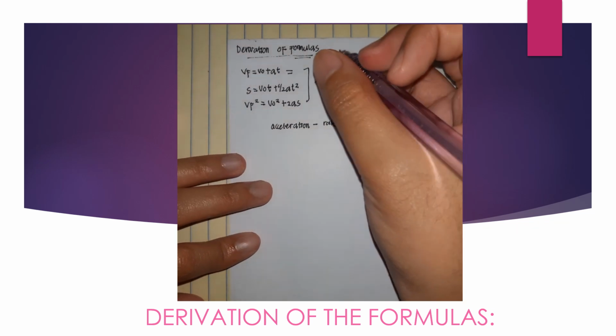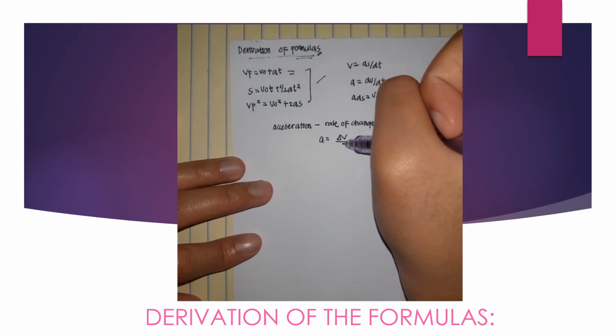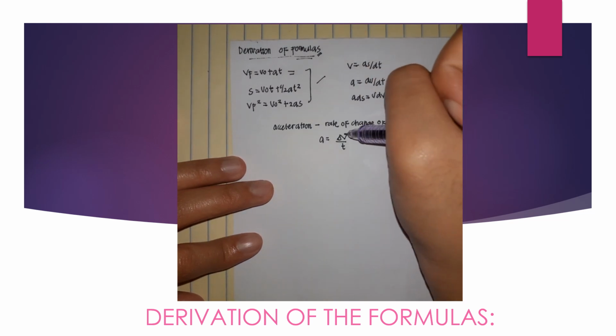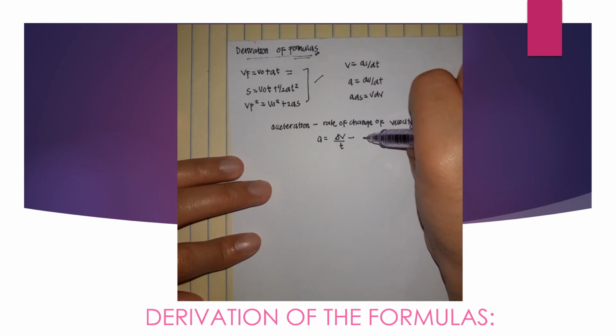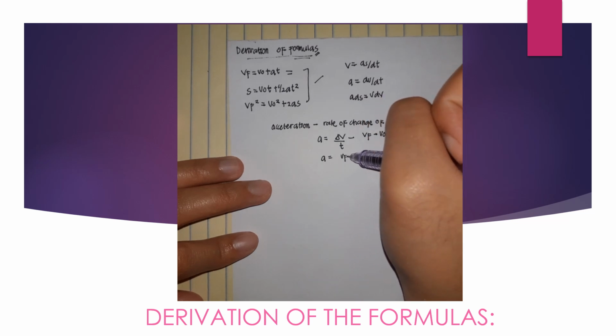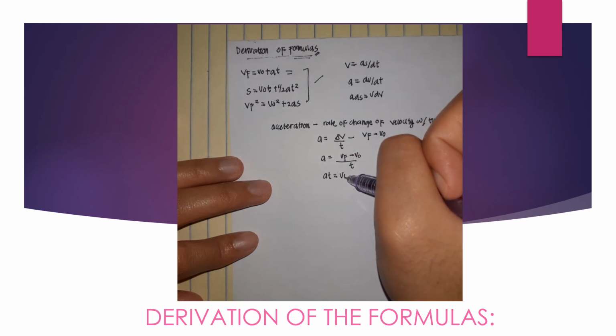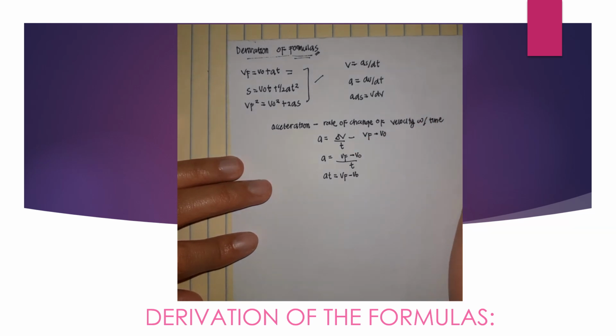In equation form, acceleration is equal to delta v over time, where delta v is v final minus v initial.